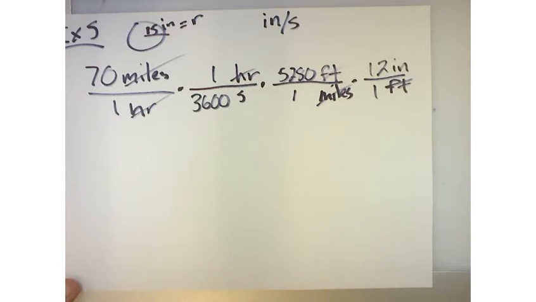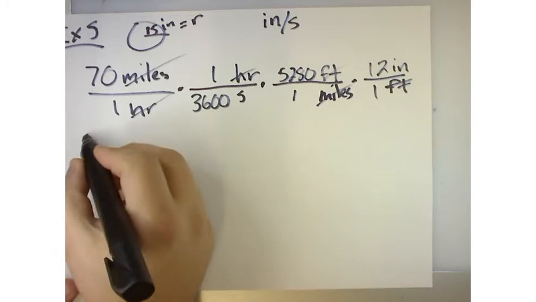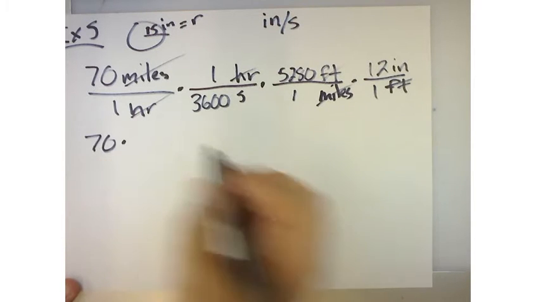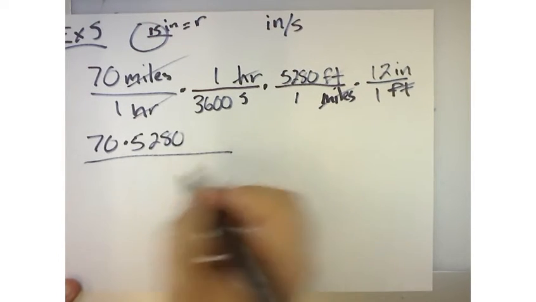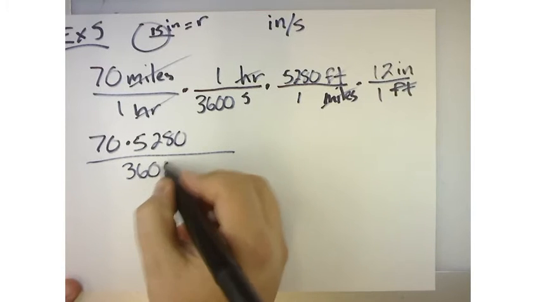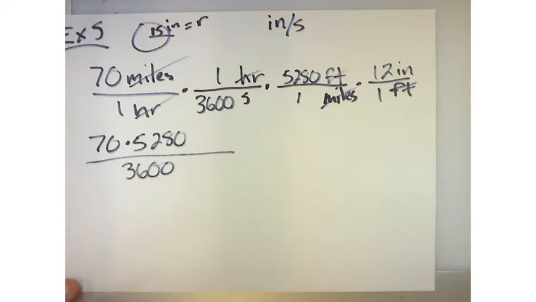Oh, wait. One last thing is we need to do the rotation. So we're almost done. But if you look at this, really what we end up with is 70 times 5,280 on top, all over 3,600. Now we just need to do the rotation thing.